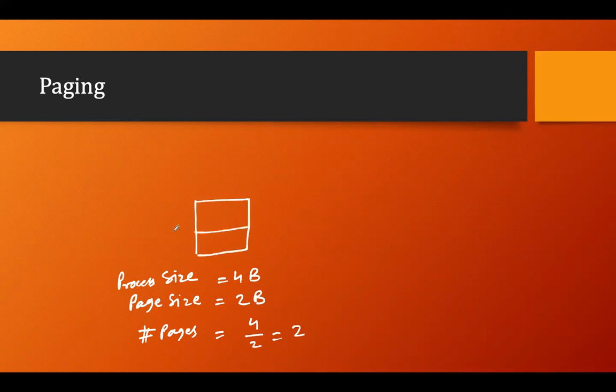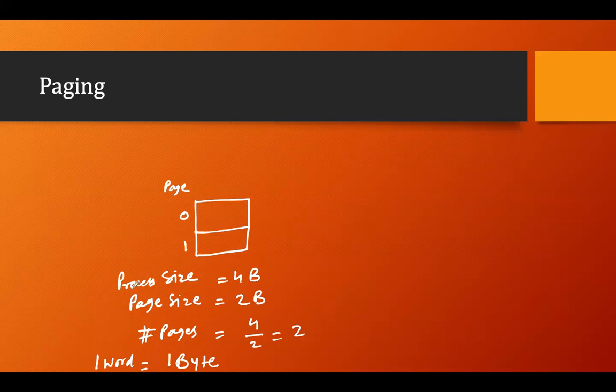So the total process will be divided into page number 0 and page number 1. This is my page. Now inside the page, one page size is 2 bytes. I am assuming that 1 byte means one word, because the system is byte addressable, or we can represent this as a word.